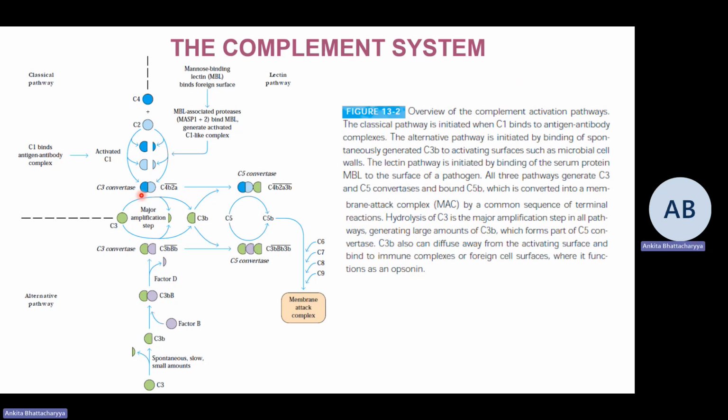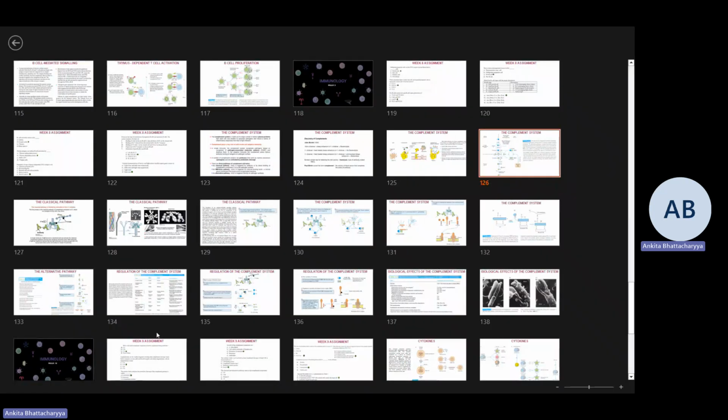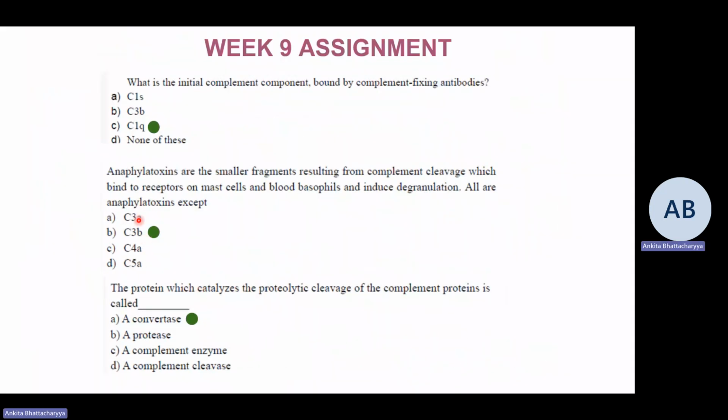From there, C3b is crucial to the formation of the C5 convertase, and it can also diffuse away and bind to immune complexes, etc. And there it functions as an opsonin. So it is not functional as an anaphylatoxin, and therefore the odd one out from the options that we had been given was C3b. So that was the short answer to this question.